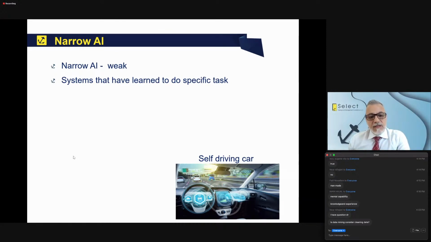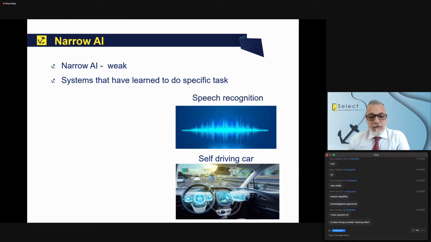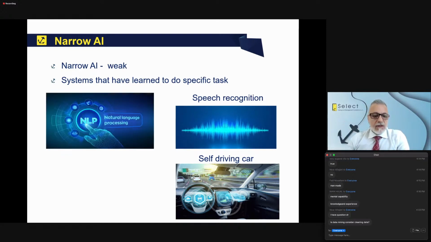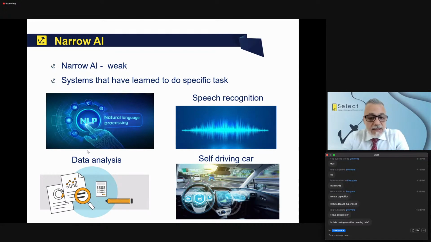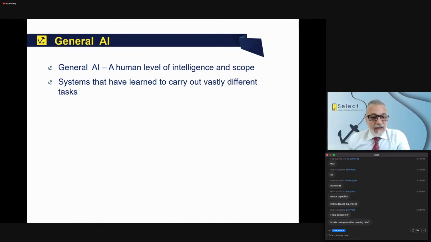Okay, so these are systems that have learned to do specific tasks. It could be speech recognition, mainly natural language processing. I will feed the data and use some sort of deep learning for speech recognition, and data analysis. It could also be computer vision, for example, many things.